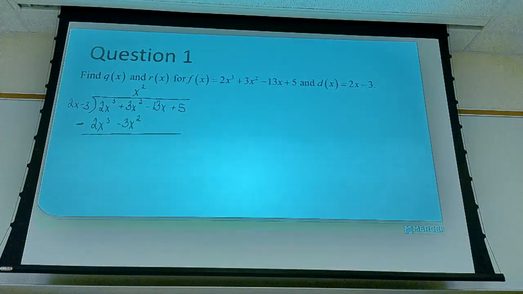So in this case, 2x cubed minus 2x cubed is 0. 3x squared minus negative 3x squared is 6x squared. We don't typically write it, but understand that those are implied zeros. So in a sense, the remaining terms just carry down because you're just adding a 0 to it.